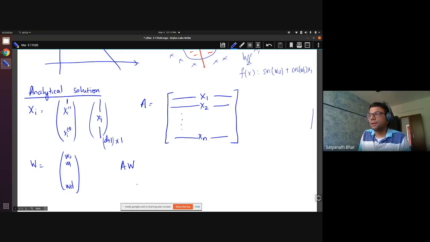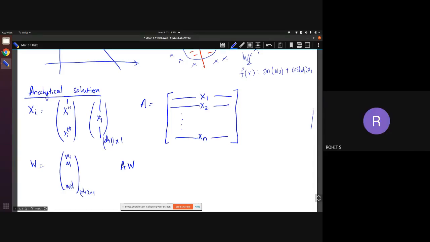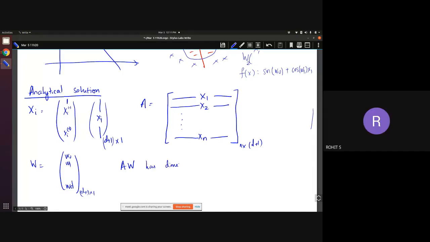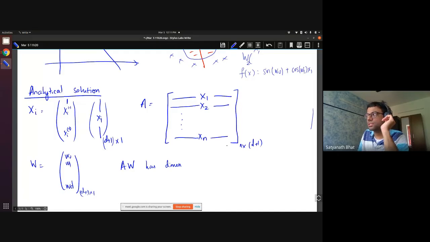And w is also D plus 1 cross 1. What about A? N times D plus 1. So if I multiply A and W, what will I get? N times 1 as the dimension.